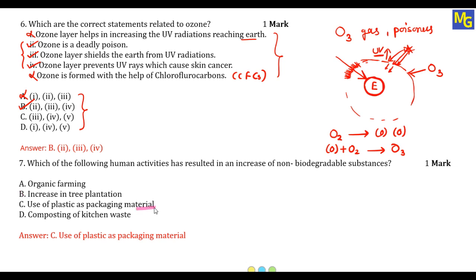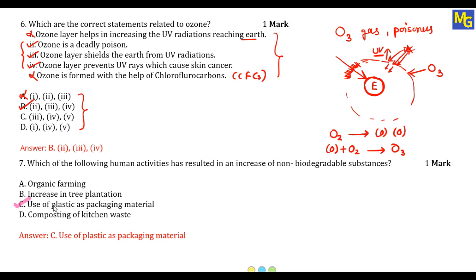You know plastic is a man-made material and is not organic. So plastic cannot be eaten by living organisms like bacteria or fungus. That's why this plastic will remain as it is in the atmosphere. So this is called a non-biodegradable substance.